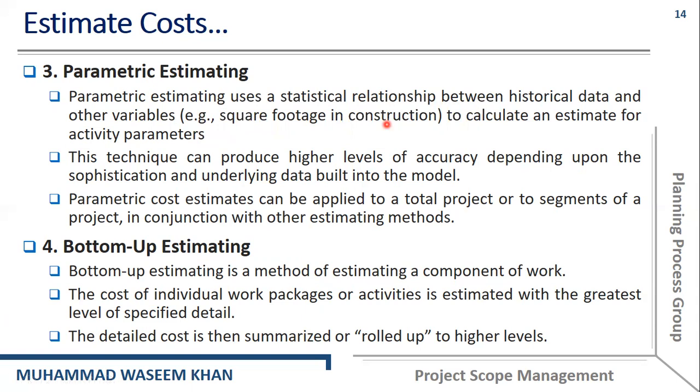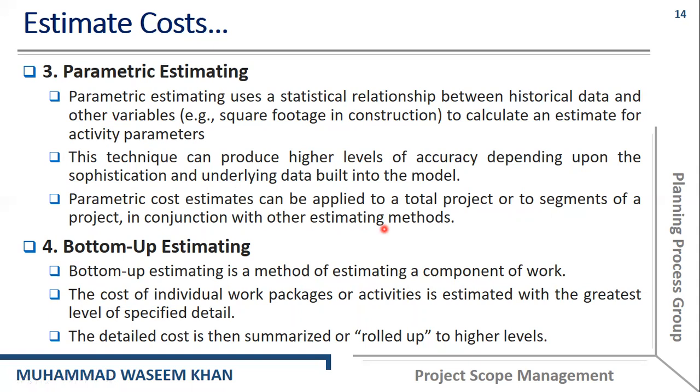In parametric estimation, we take the historical data from similar previous projects, but we do some statistical calculations as well. This technique can produce higher levels of accuracy depending upon the sophistication and underlying data built into the model. Parametric cost estimates can be applied to a total project or to segments of a project in conjunction with other estimating methods.